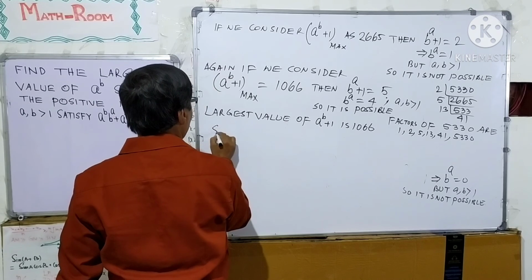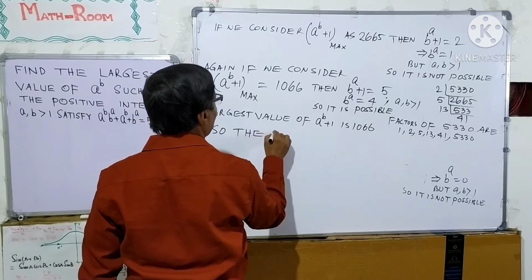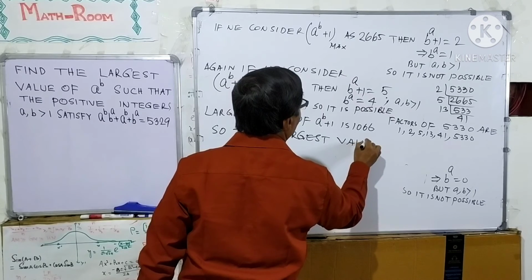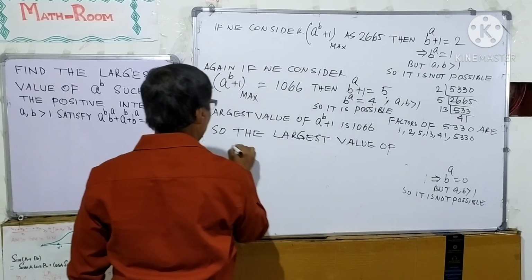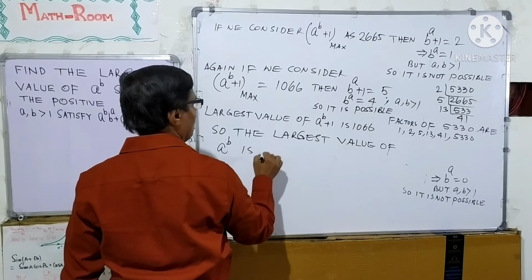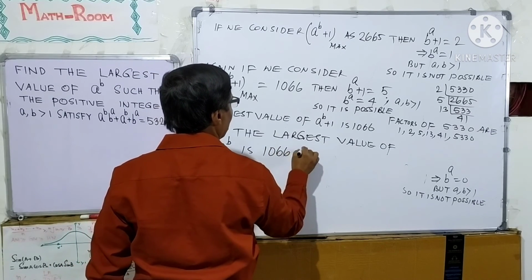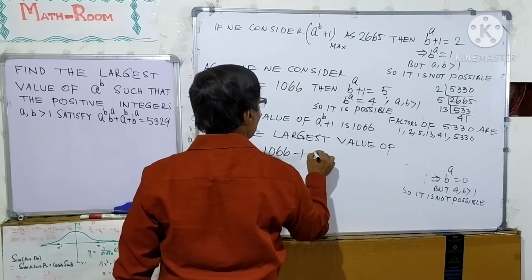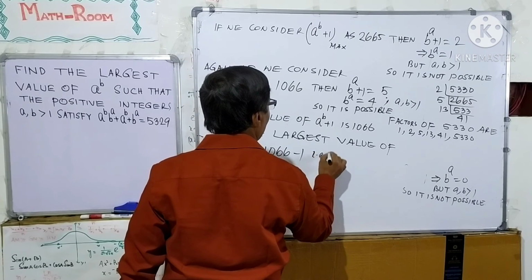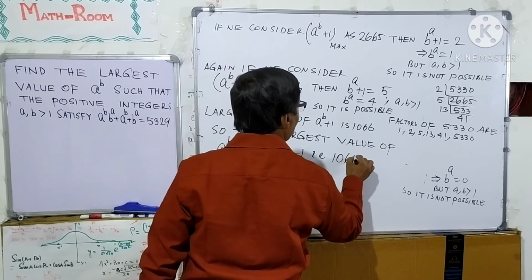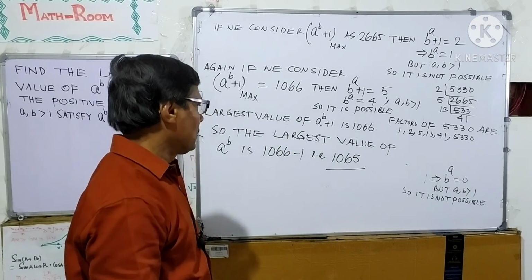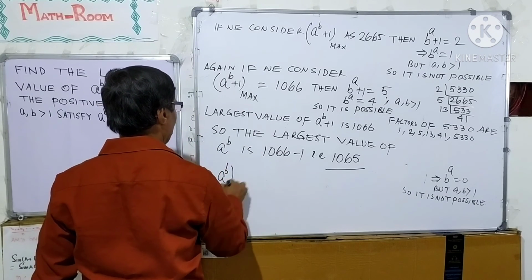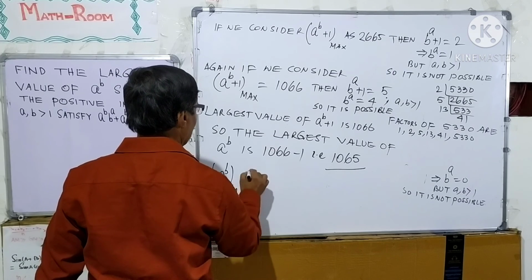So the largest value of a to the power b is 1066 minus 1, which is 1065.